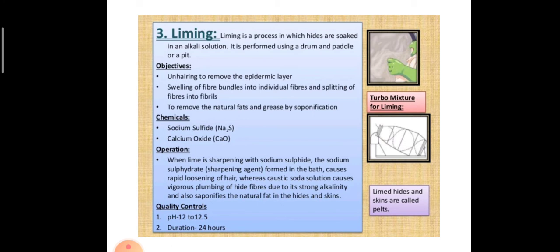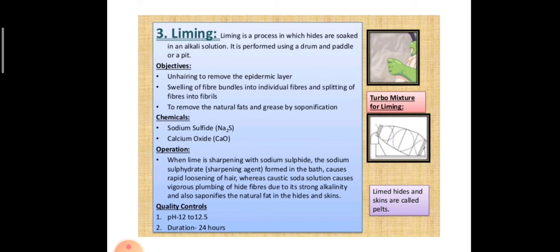The inner layer of the hides and skin contains blood, fats and greases. By means of liming we remove all those things, and for that we use sodium sulfide and calcium oxide.